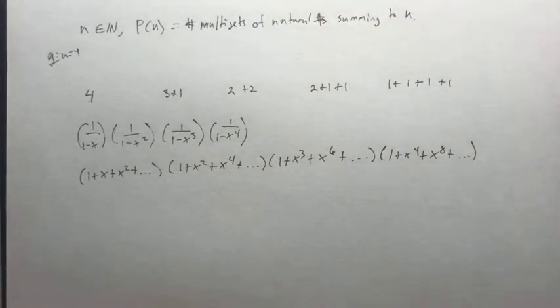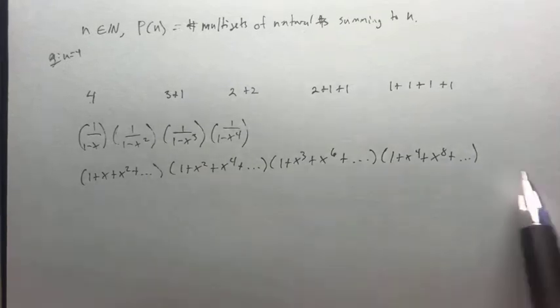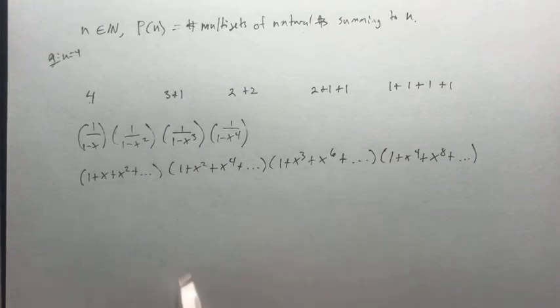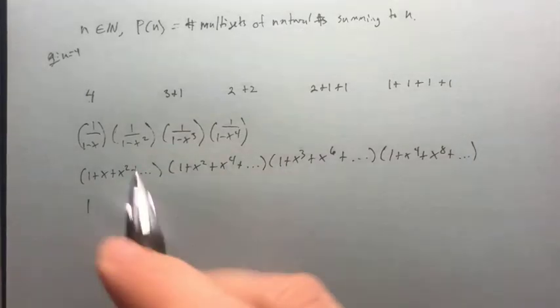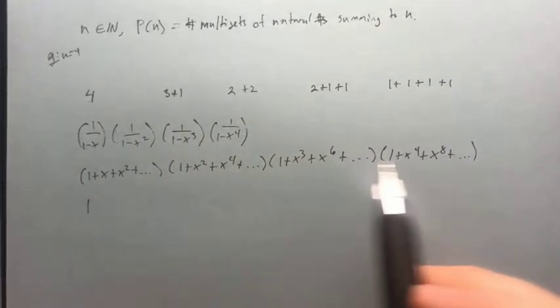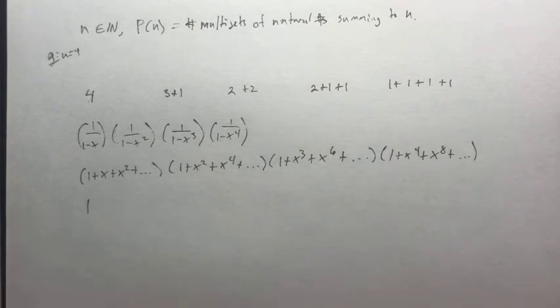Now let's look for what this product looks like if we multiply it out. How many ways can I get just 1? Well, 1, and that's if I take the first part of each of these generating functions.